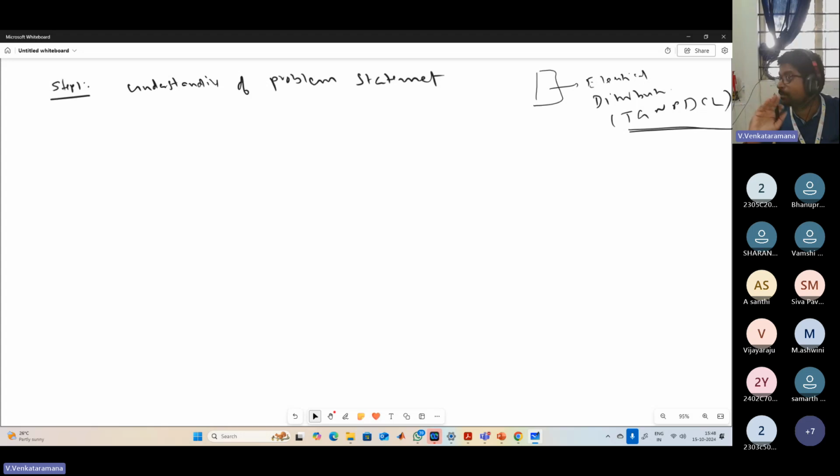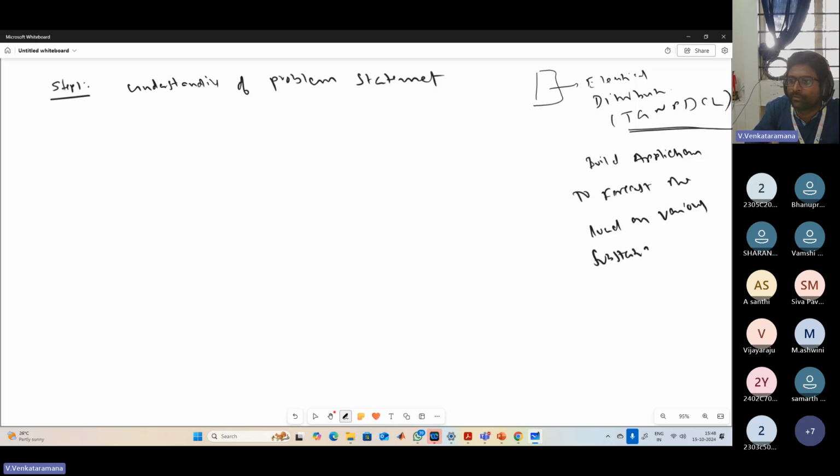For example, let us assume the client TGNPDCL gives me the project: build a software application to forecast the load on various substations in Warangal.